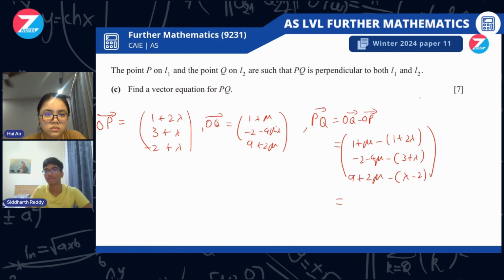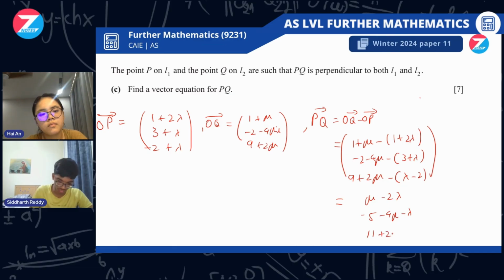So we get 1 minus 1, mu minus 2 lambda, minus 5 minus 4 mu minus lambda, 11 plus 2 mu minus lambda.